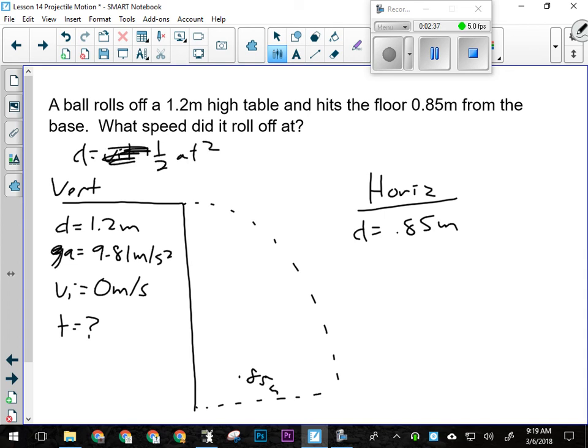This is 0, so I can get rid of it. Sorry, I'm looking for t. t will equal the square root of d over half of a. That's the manipulation of that: divide both sides by half of a and then square root. So t will equal the square root of 1.2 meters divided by 1/2 of 9.81, which is 4.905.